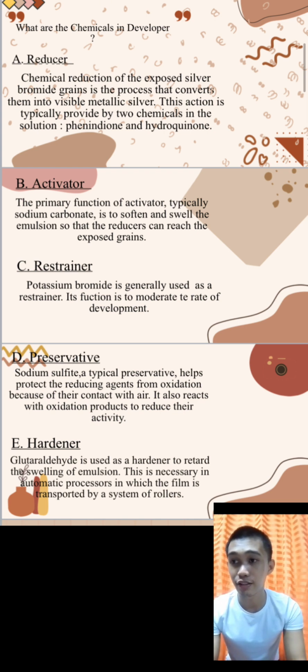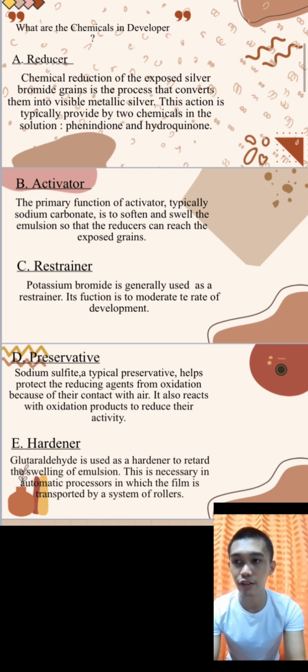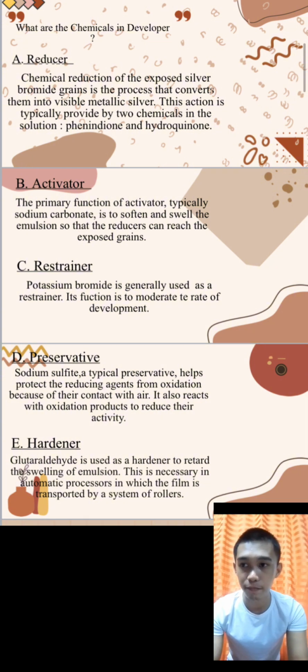the restrainer is a chemical compound that serves to control the development process by preventing excessive background staining or unwanted reactions. It helps to maintain contrast between the latent prints or marks and the background, ensuring that the developed image is clear and distinct for analysis.